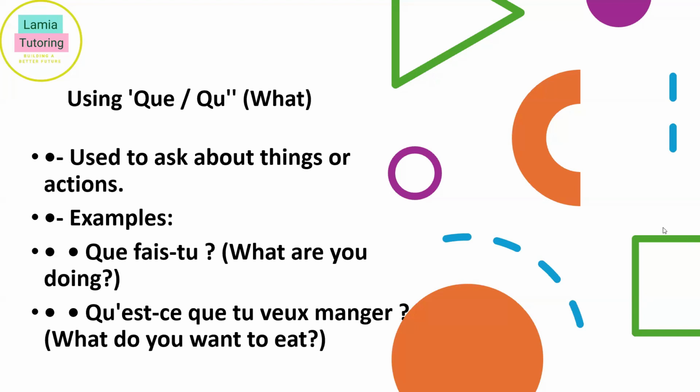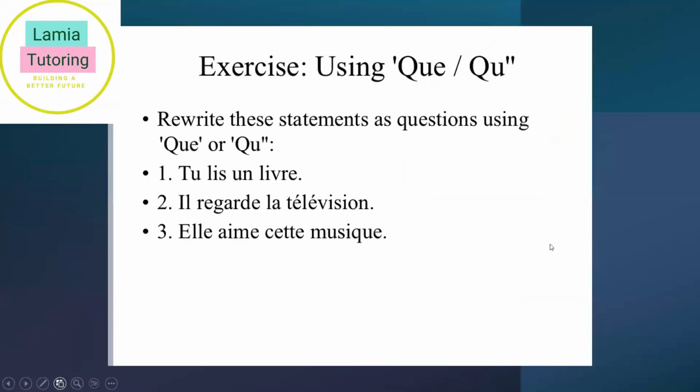Okay, good. So the exercise is this one, you'll need to do it in the notebook. Rewrite these statements as questions using que or qu'. Que lis-tu? That's good. Qu'est-ce qu'il regarde? That's good.